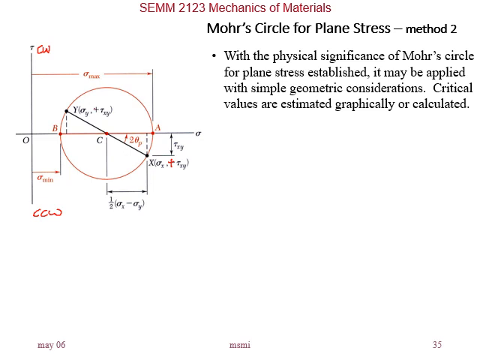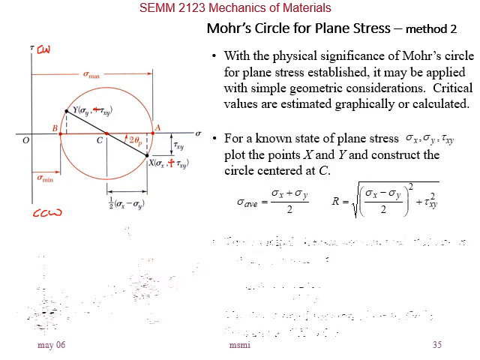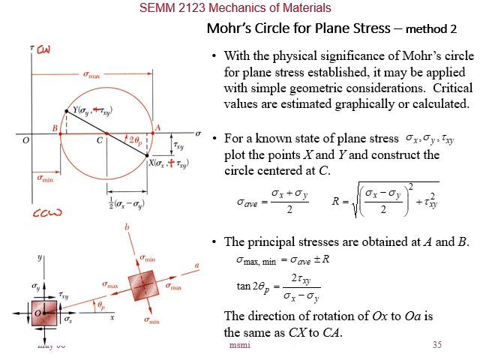And this one becomes negative if it is clockwise. Okay, so we plot point X and Y. Remember our stress element, we have point X and point Y. We have X and Y based on the diagram below.